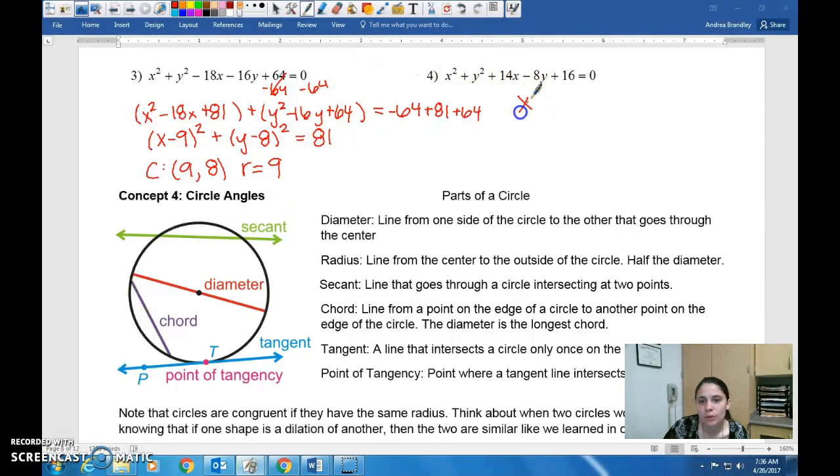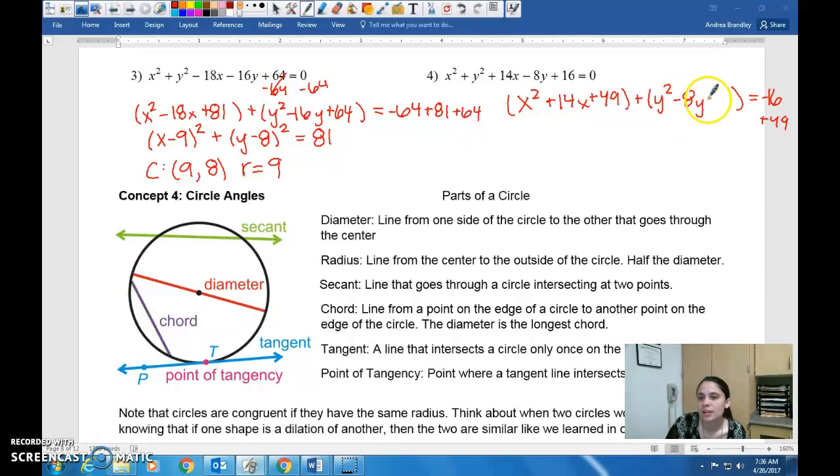Last one I'm going to go through pretty quickly. I want you to try it on your own so you can get some practice. So I'm grouping my terms together and moving the 16 to the other side. 14 divided by 2 is 7. 7 squared is 49.